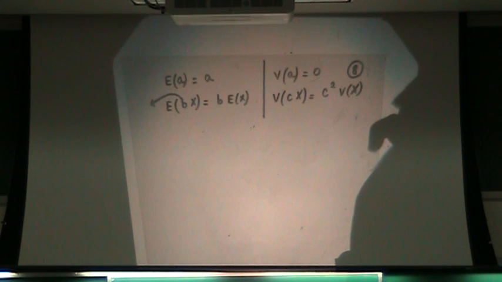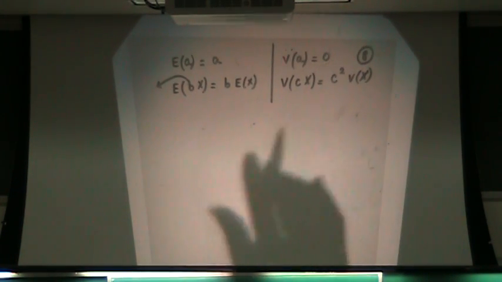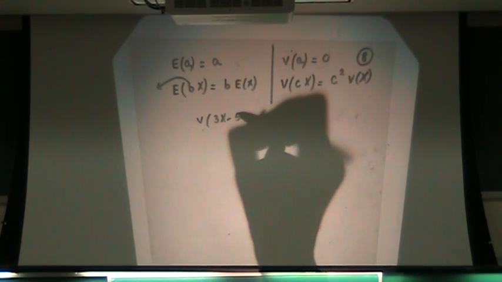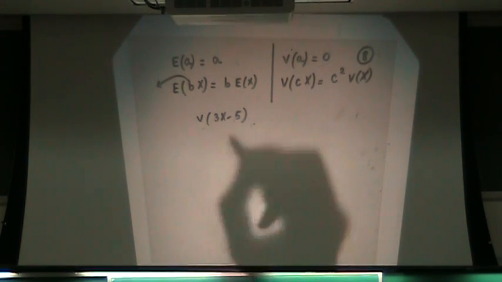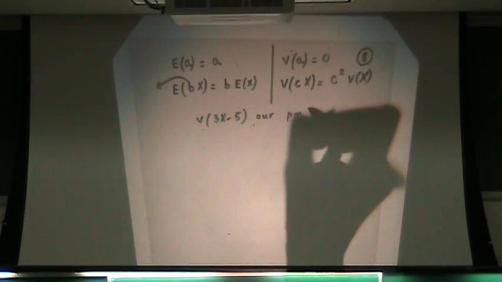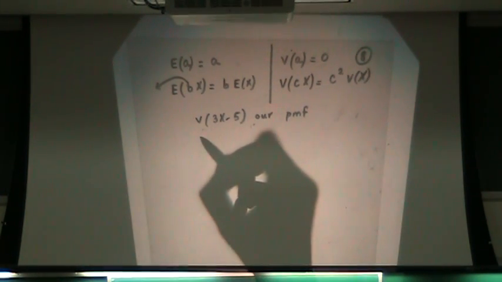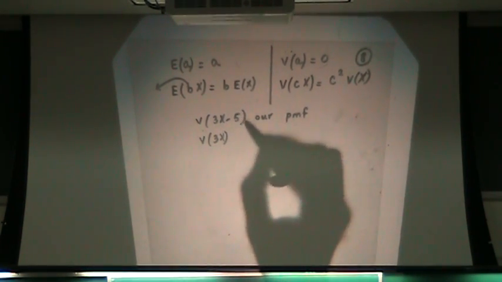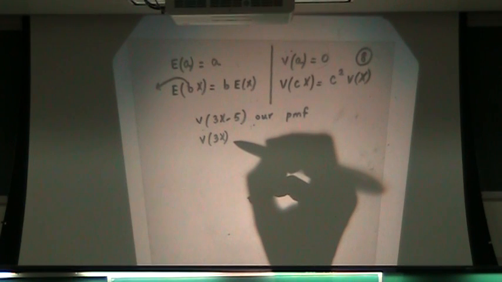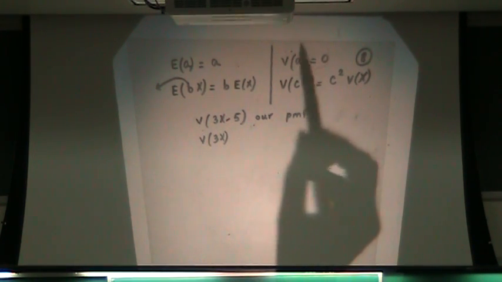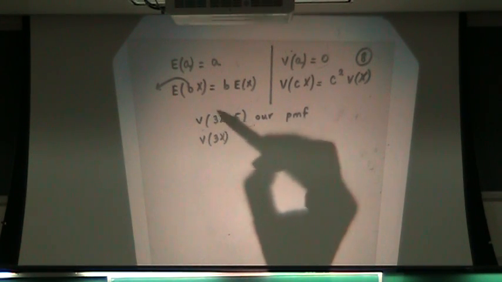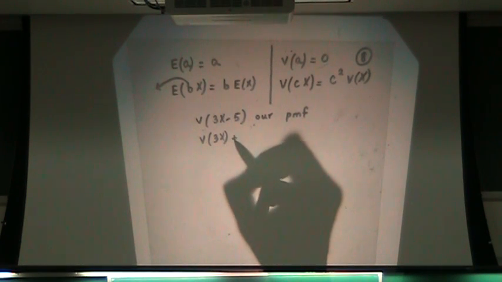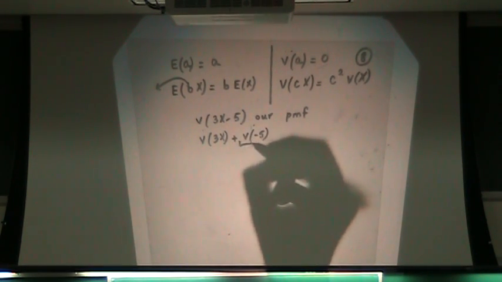Okay? So if I gave you a question like this, find the variance of 3x minus 5 for our PMF, you would say this is equal to variance of 3x. Variance of 5 is 0, so it's gone. Variance of a constant is 0, so I can ignore the variance of minus 5.